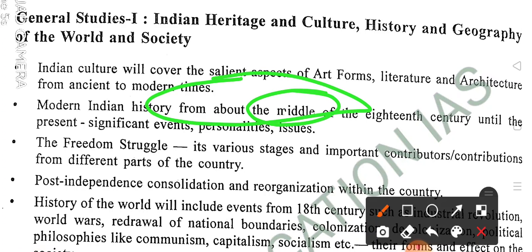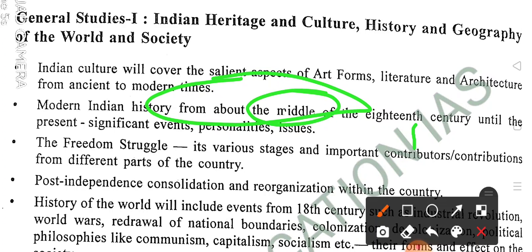What were the causes of the decline of the Mughals, Bengal, the Rajput kingdoms and the Marathas, and what were the causes of the Battle of Buxar and the Battle of Plassey? And the revolt of 1857, and what was its impact on India? These are the most important things.